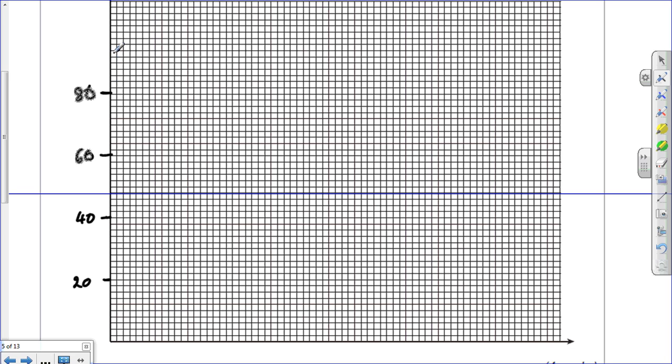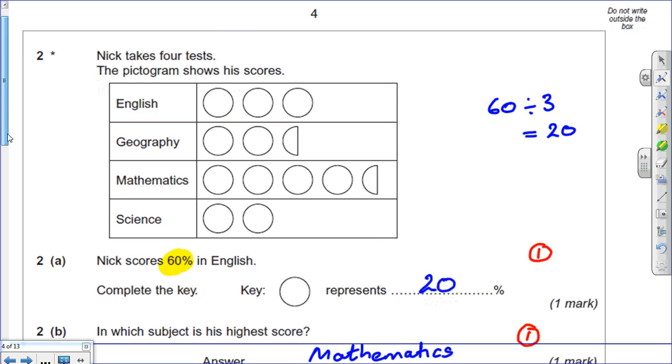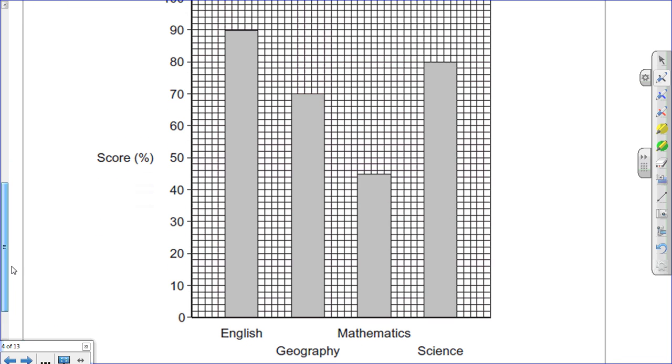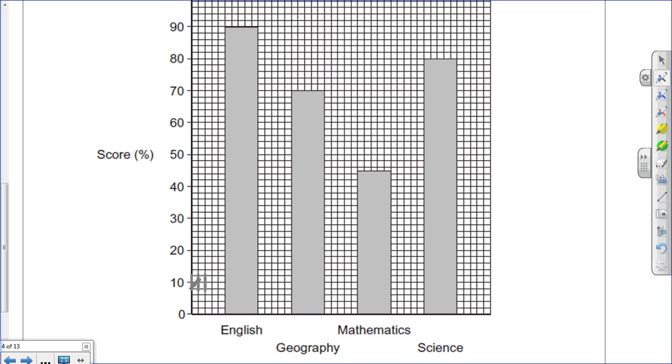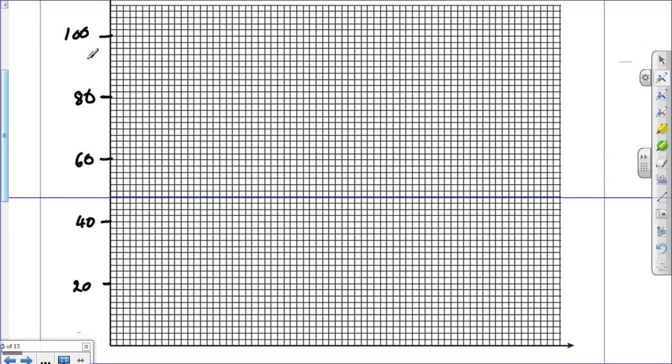Just check that that was the same scale as they used for Jen. It wasn't, was it? Oh, yes, it was. There you go, 10 squares to represent 20%. Okay, now, let's put our bars on. Oh, before we go any further, let's label percent. That's the score in the test. Also, we need a title.